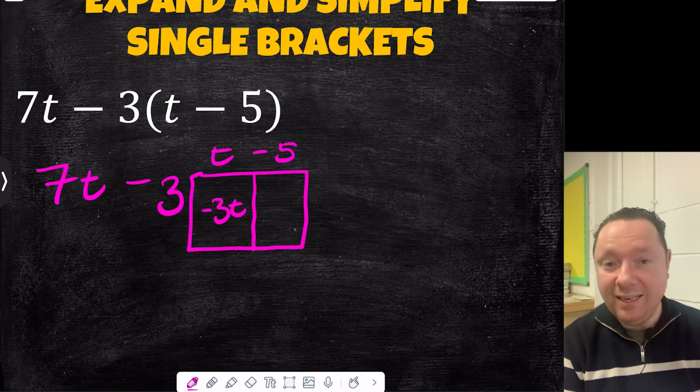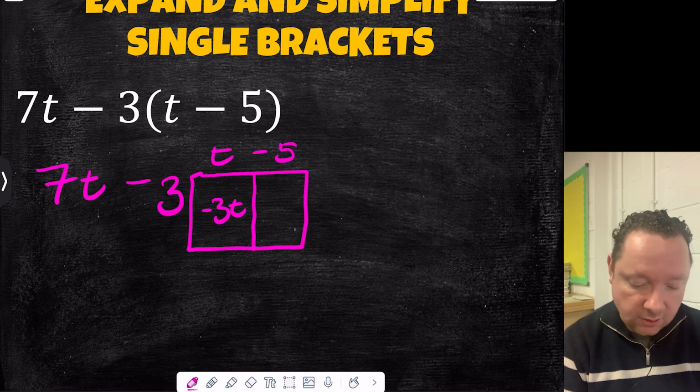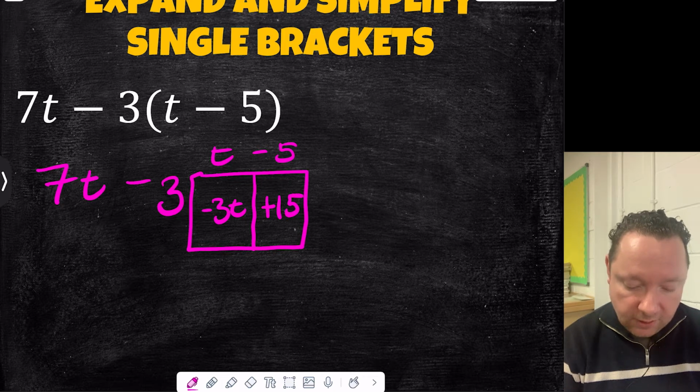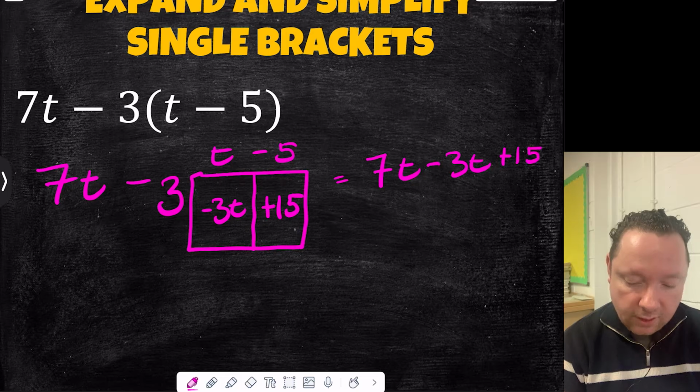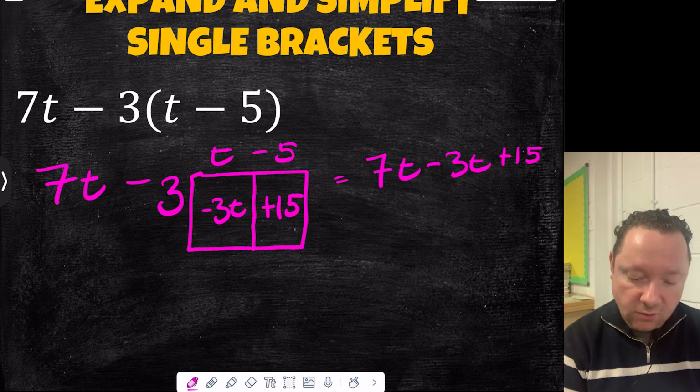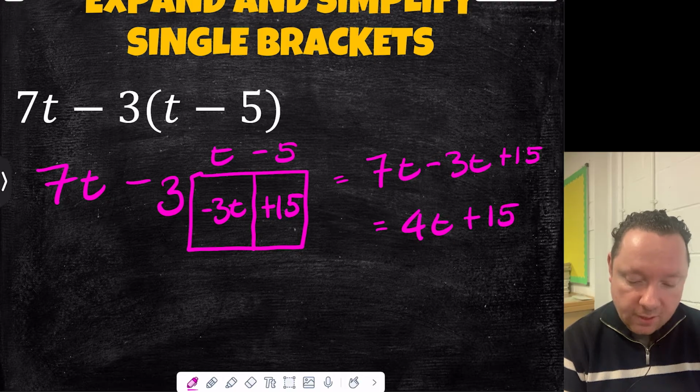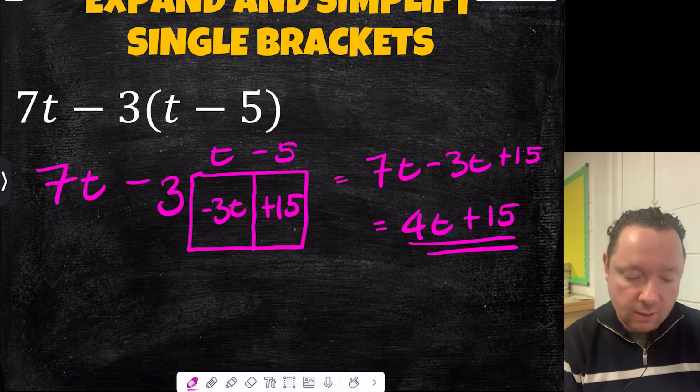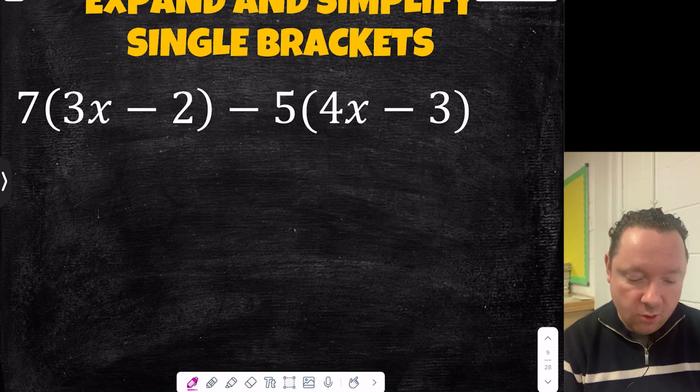Minus 3 times minus 5, a minus times a minus is a plus, so plus 15. So now you should be able to see that, putting it outside the box, I've got my 7t at the start minus my 3t plus 15. So I can collect the like terms. 7 minus 3 is 4. So I've got 4t plus 15. And we're done there.